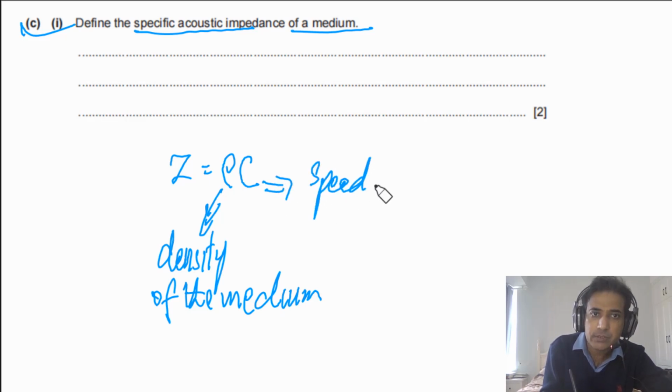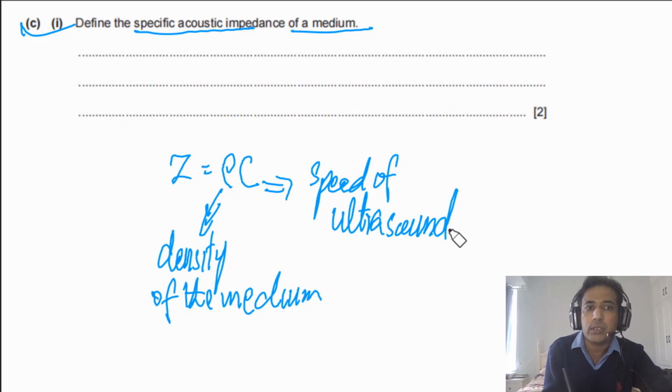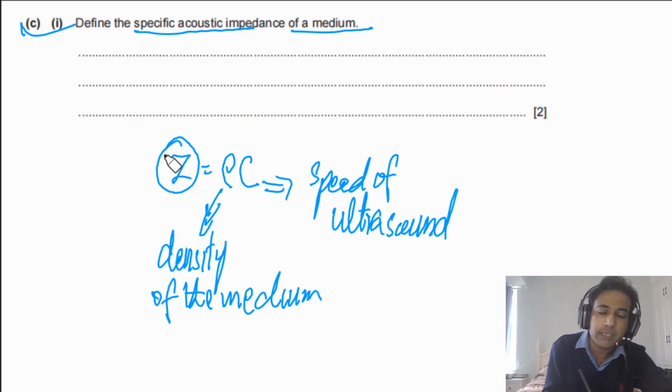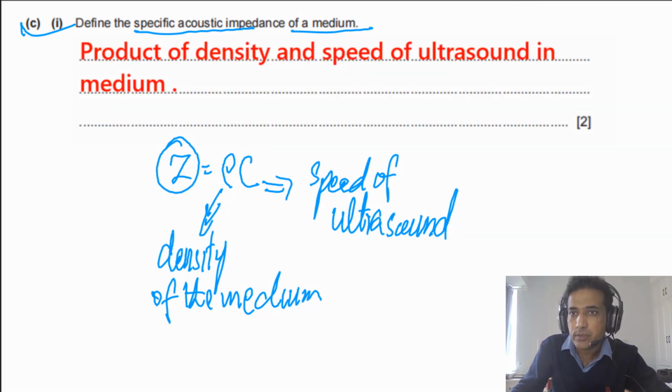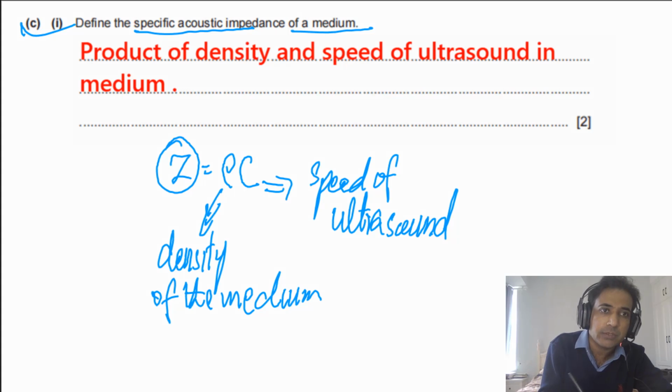The product of these two quantities is called specific acoustic impedance. Now let me show you how you can write down the answer: the product of density and speed of ultrasound in the medium.